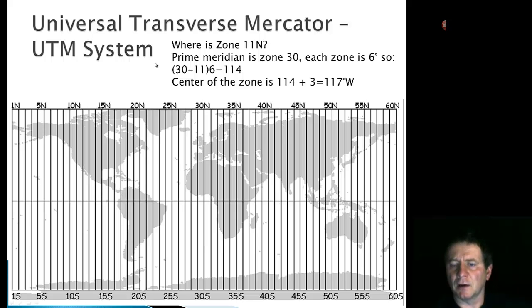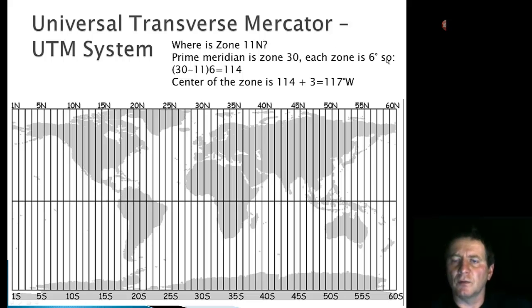Universal Transverse Mercator, the UTM system. This is a system that was developed to establish a series of UTM zones around the globe. Now these are not state systems. These are the UTM system, in which each one is defined.